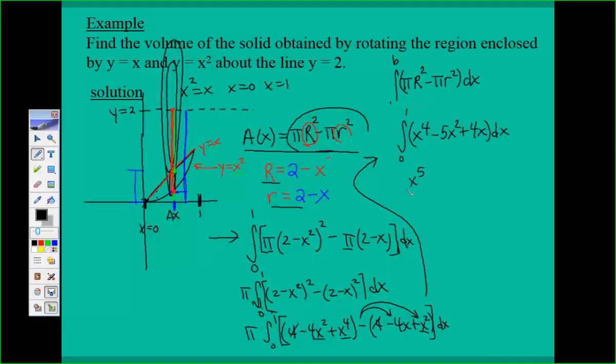So finding our antiderivative and evaluating this from 0 to 1, we would get 1/5 minus 5/3 plus 2, and don't forget the pi, we would get 8 pi over 15.